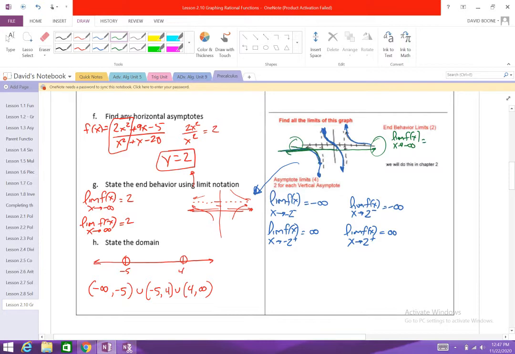It looks like it's leveling off at that 0 line, at that horizontal asymptote, so I would say 0. And then the other way, the limit of the function as x approaches +infinity: as I go this way, what's the graph doing? The graph looks like it's leveling off at 0 as well.